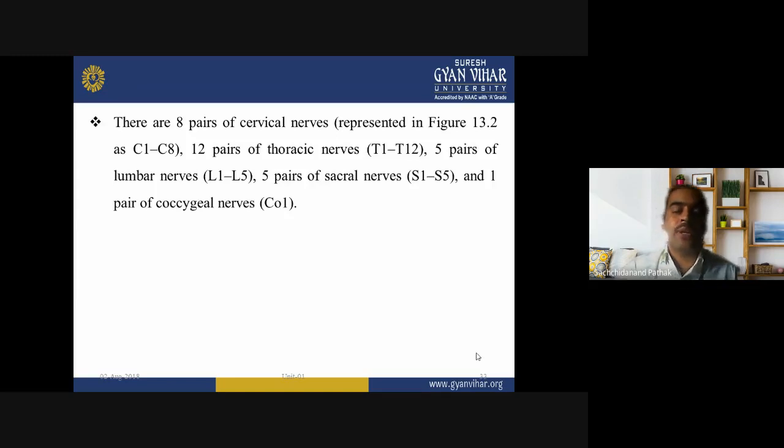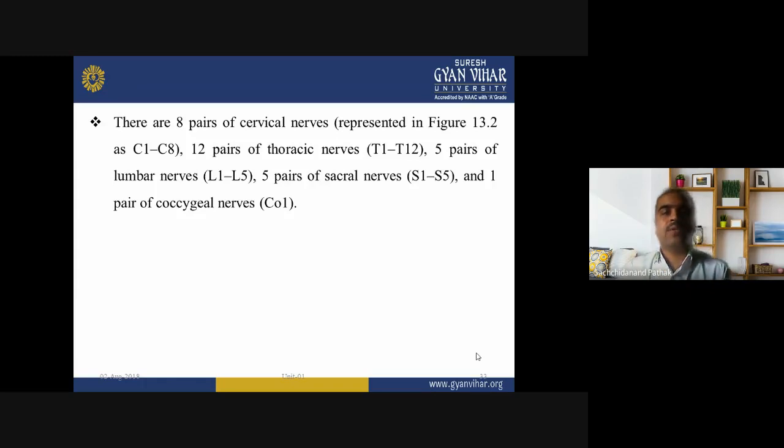Then 12 pairs of thoracic nerves, 5 pairs of lumbar nerves. 5 पेयर कौन से हैं? लंबर नर्व है. 5 पेयर ऑफ सैक्रल नर्व है और एक कॉकेक्स का नर्व है. तो लगभग सेम है. C7 को आपको C8 कर देना है, T12 को T12 ही रहने देना है, L5 को L5 ही रहने देना है, S1 को S5 कर देना है और C1 को C1 ही रहने देना है.